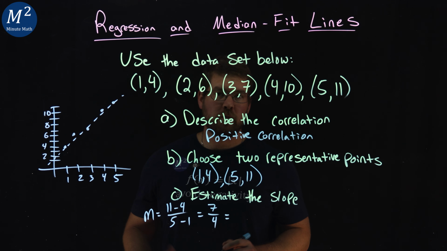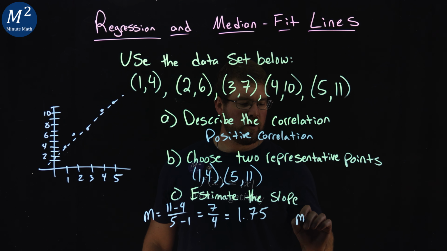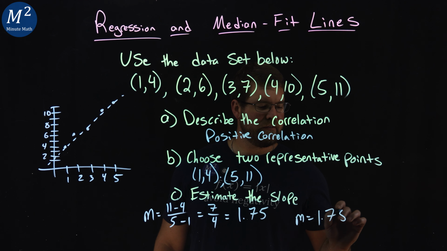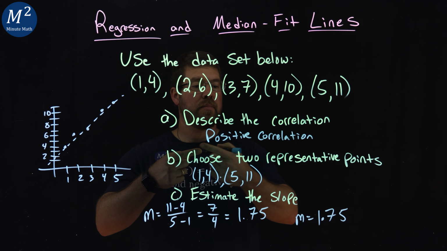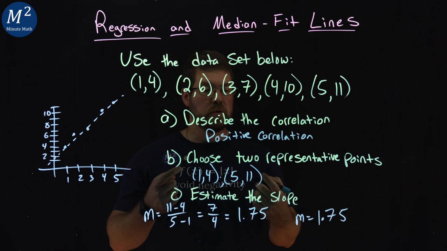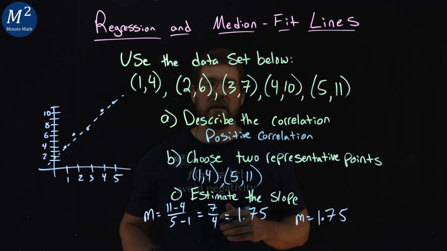And 7 over 4 as a decimal is 1.75. So our estimated slope is 1.75. We had our data set here, we found that it's a positive correlation, we selected 2 points, and we got a slope of 1.75 as an estimated slope.